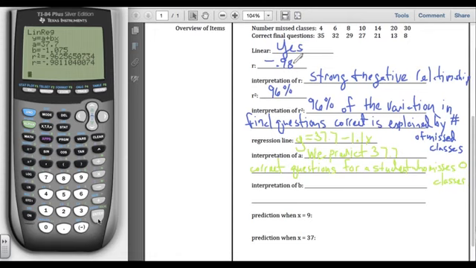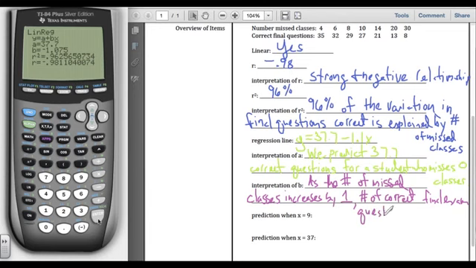So we can say as the number of missed classes increases by 1, the number of correct final exam questions decreases by 1.1.